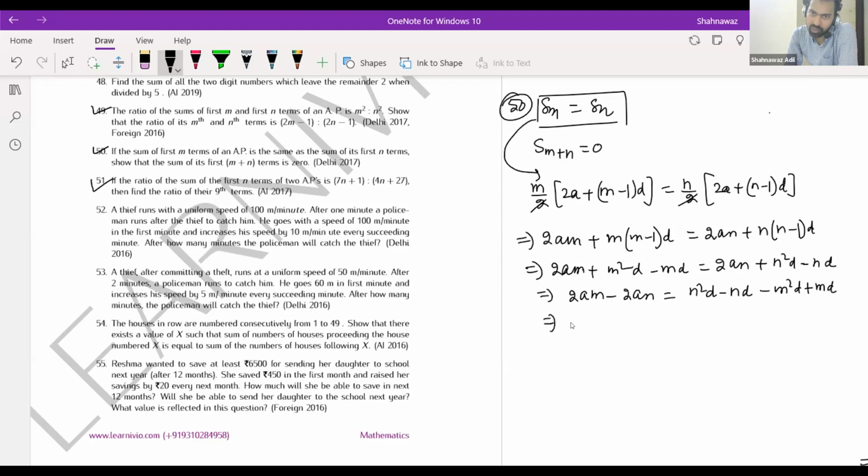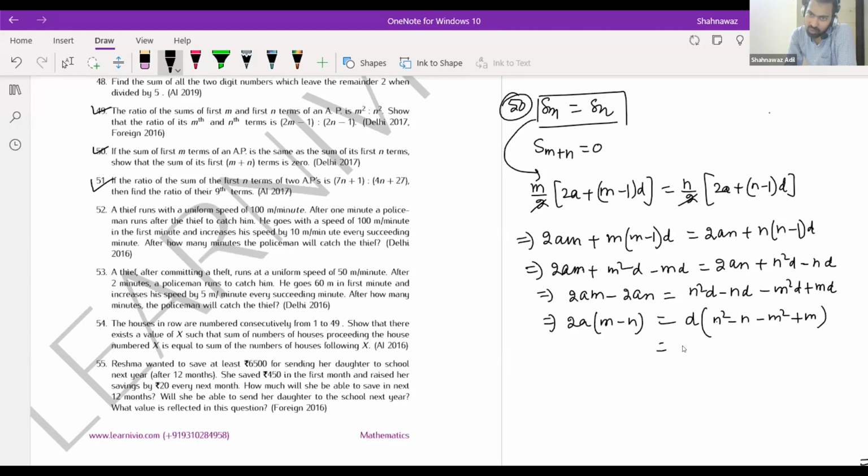This would be a, and m minus n is common. And in here also we have d common, so this is n square minus n minus m square plus m.